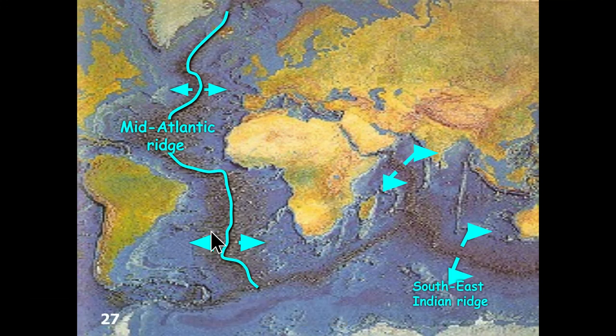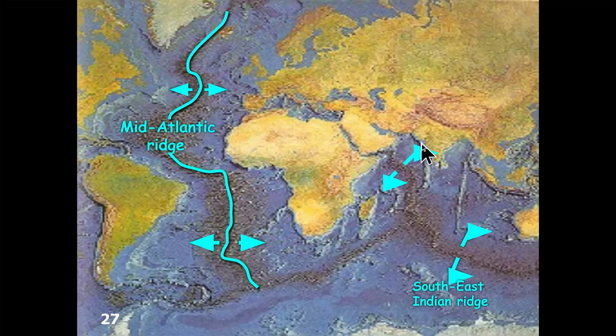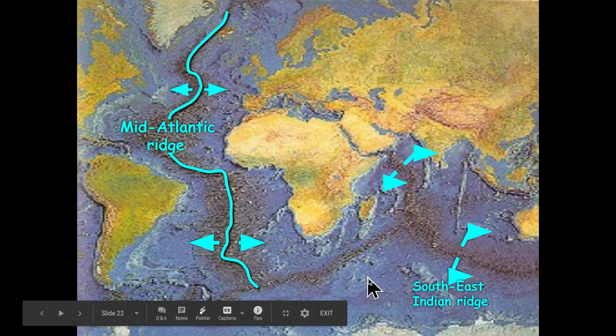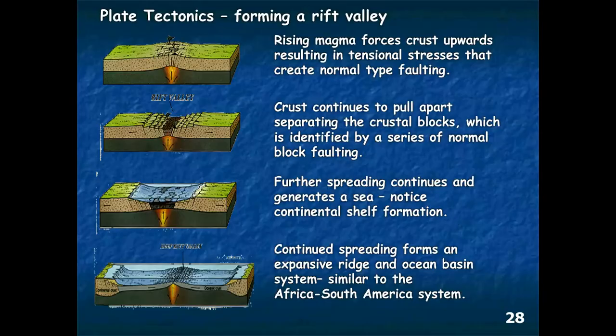Now there are other divergent boundaries. Sure, there's a divergent boundary down here. Here's a nice divergent boundary right here that's actually pushing India up into the Eurasian plate, and a divergent boundary here, and so forth. But for our purposes in this class, our geographical setting will be the Mid-Atlantic Ridge for the classic divergent boundary.